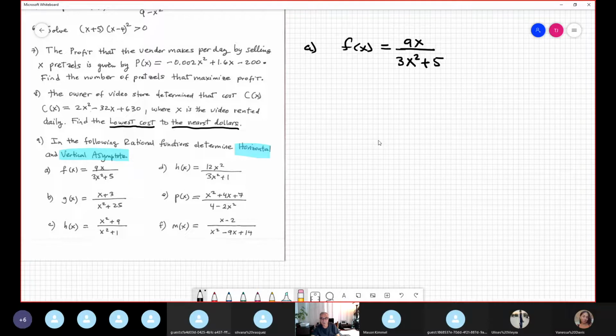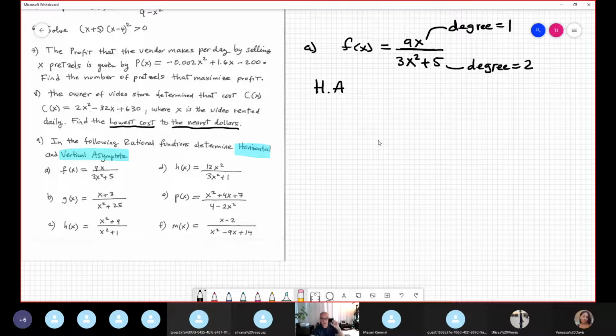Okay, let me analyze this in detail. This is important to understand the rest. Let's analyze the horizontal asymptote first. You analyze the degrees. The degree of the numerator, by the way, it's not a polynomial, it's a monomial, is 1. And the degree of the denominator is 2.